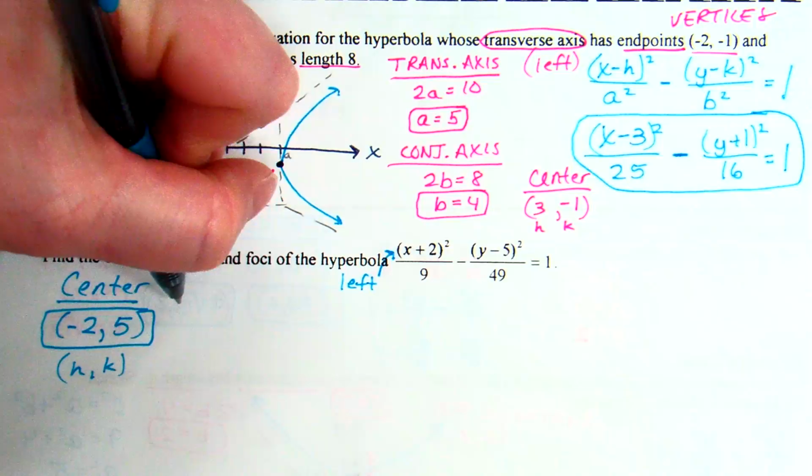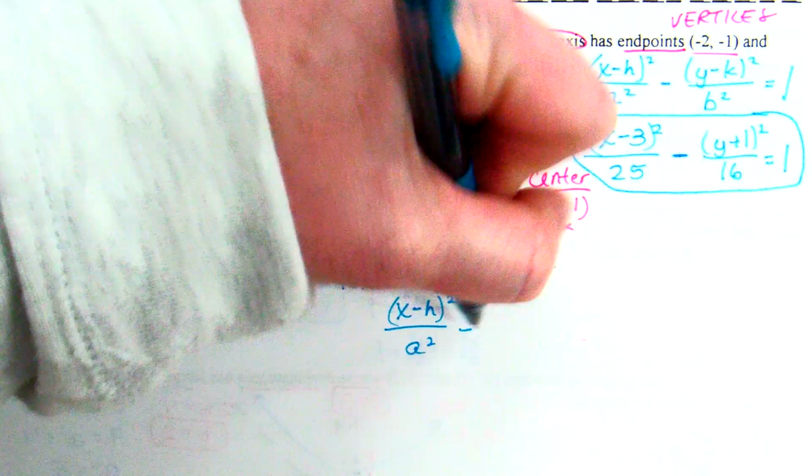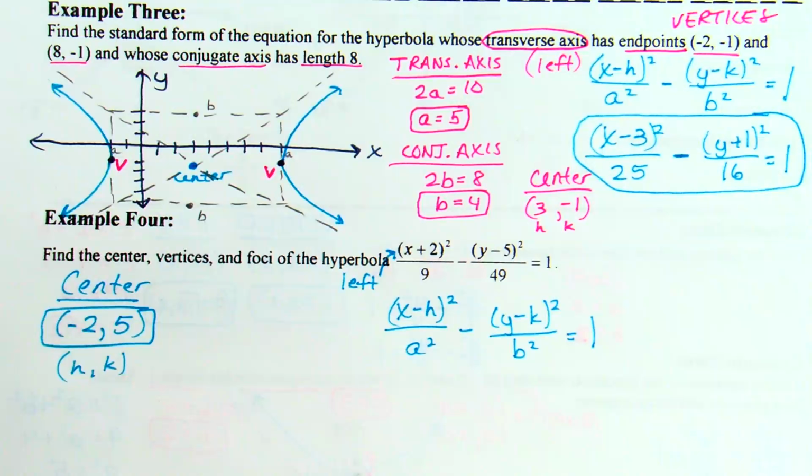So this is of the form, if I write it in here, (x minus h) squared over a squared minus (y minus k) squared over b squared equals 1. We already talked about H and K, yes?